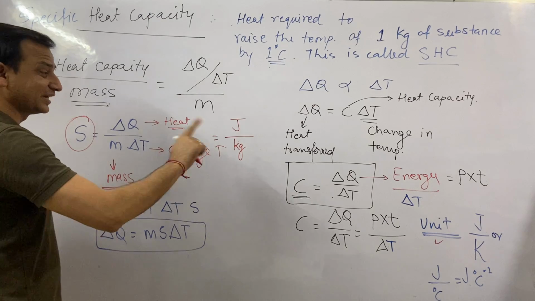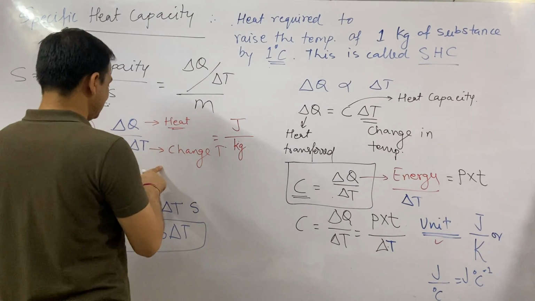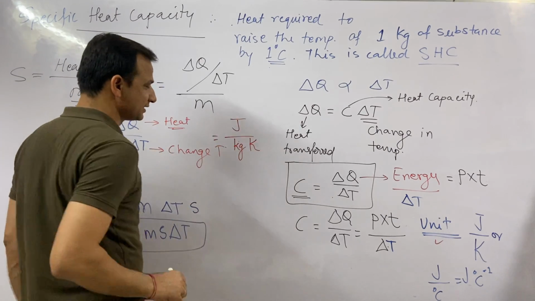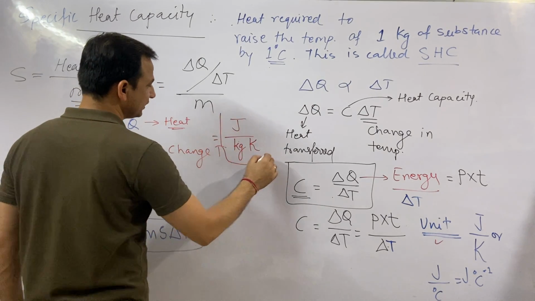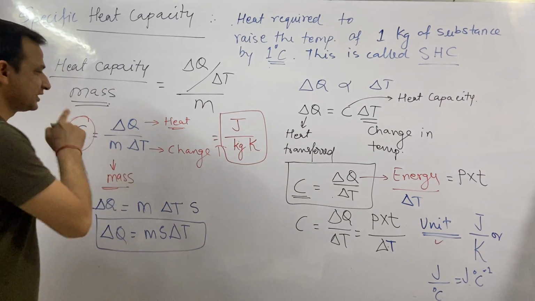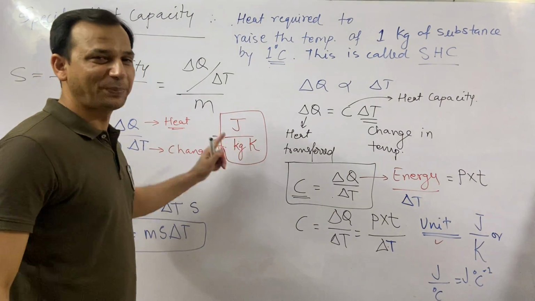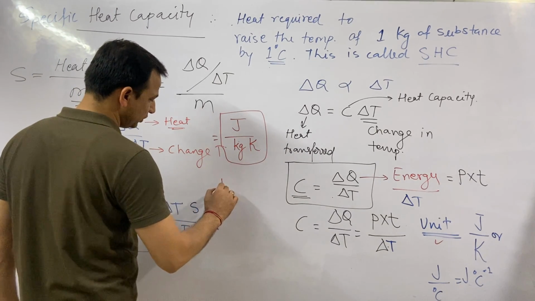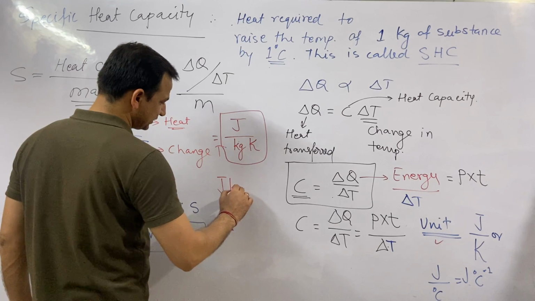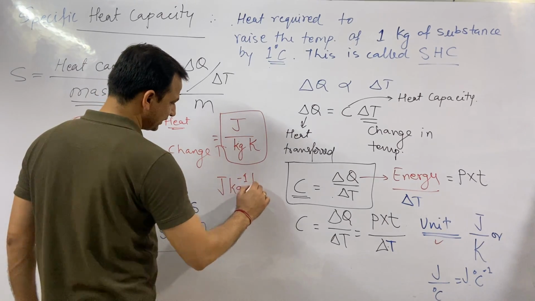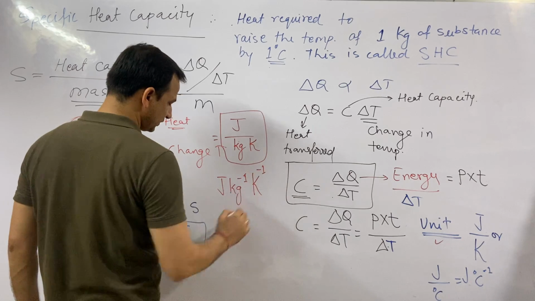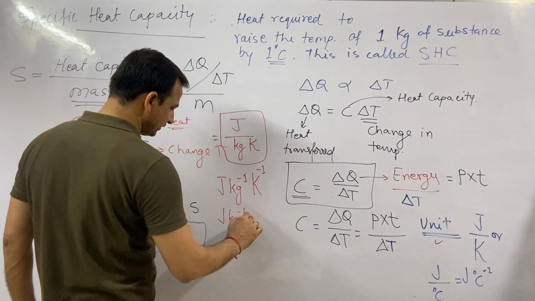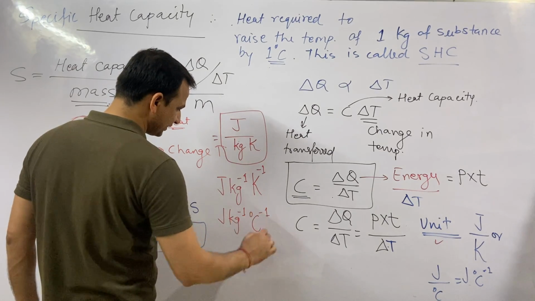Sometimes this mass may be given in gram also, do not get confused. And delta T in Kelvin or degree Celsius. So the unit of specific heat capacity is joule per kg per Kelvin. It's written as joule kg power minus 1 Kelvin power minus 1, or joule kg power minus 1 degree Celsius power minus 1.